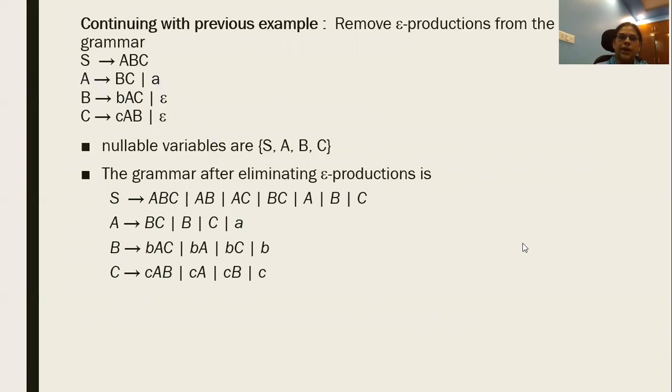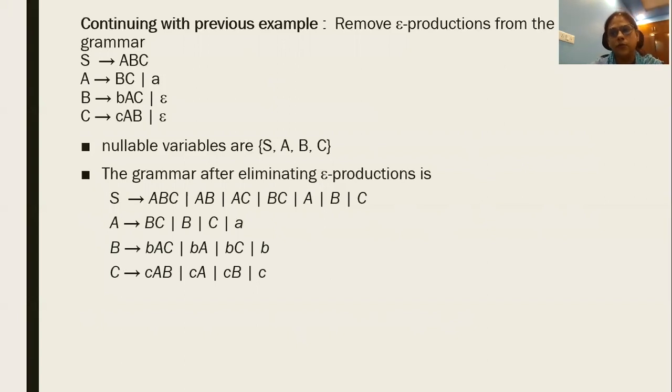And I would like to remind you that in the very beginning, I made an observation that you may end up with more productions than in the original grammar. So this is an example where you end up with more productions than in the original grammar.